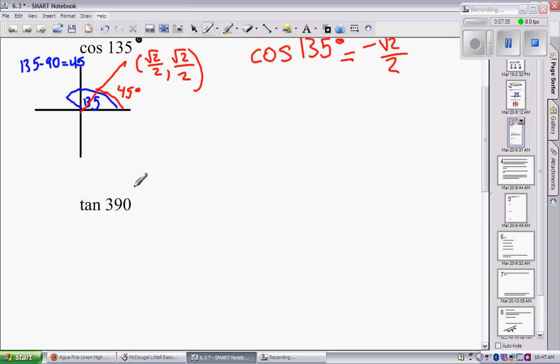Looking for the tangent of 390 degrees. 390 is over one full circle. So subtract 360 from it, and you get the tangent of 30 degrees. 30 degrees is stopping right here on the unit circle.